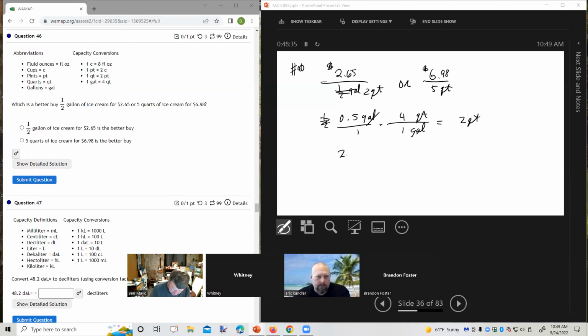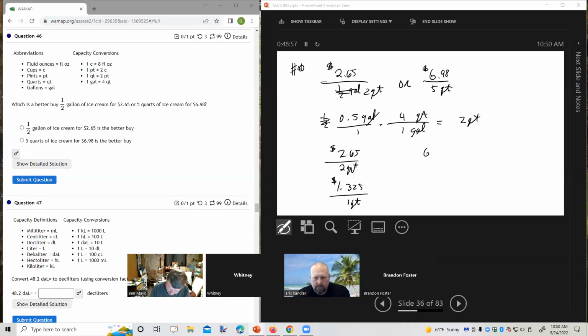Okay. So $2.65 per 2 quarts. Let's see, that would be 2.65 divided by 2. This is $1.325 per quart.